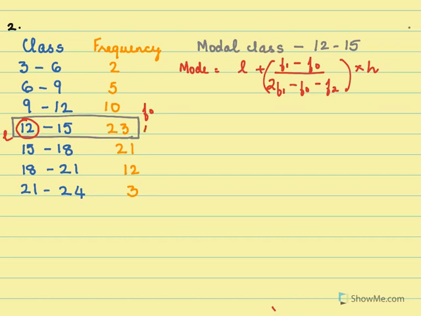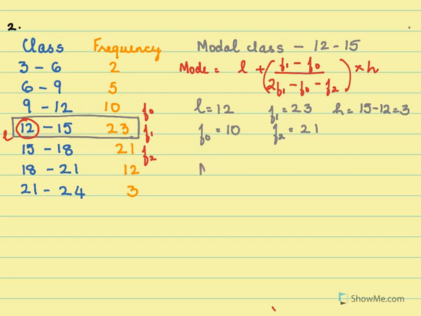We put that as F0, F1, and the next is F2. So let's put the values here. We have L equal to 12, F0 equal to 10, F1 equal to 23, that's the modal class, F2 equal to 21, and H is the class size of the modal class, that is 15 minus 12, 3.